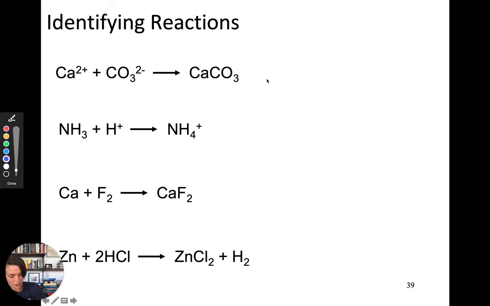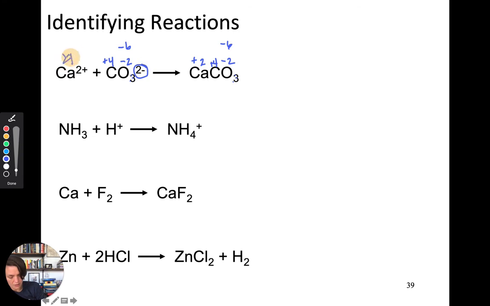Their charges are the same, right? So this is still -2 for my oxygen, 2, 4, 6, -6. Calcium is +2. That means that my carbon has to be a +4. Notice that's going to be the same over here. So that's -2, 2, 4, 6, -6. Your +4 gives me an overall charge of -2.